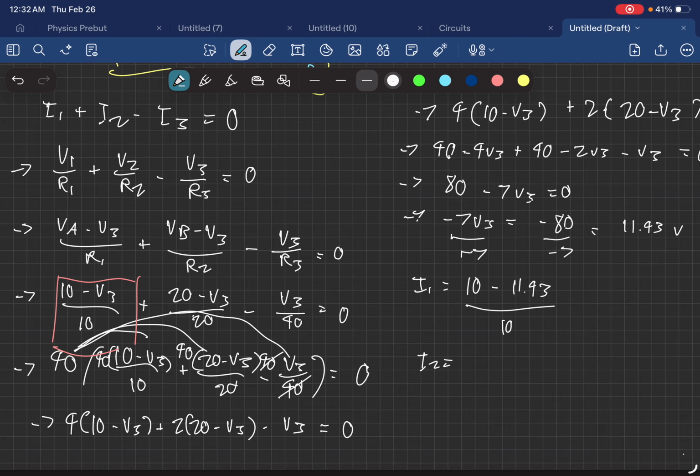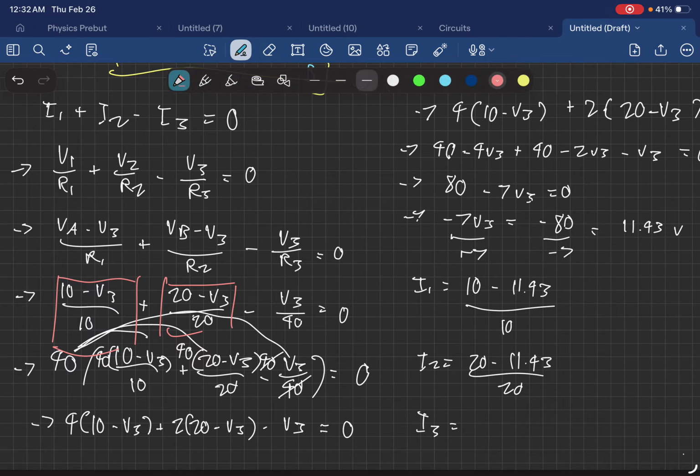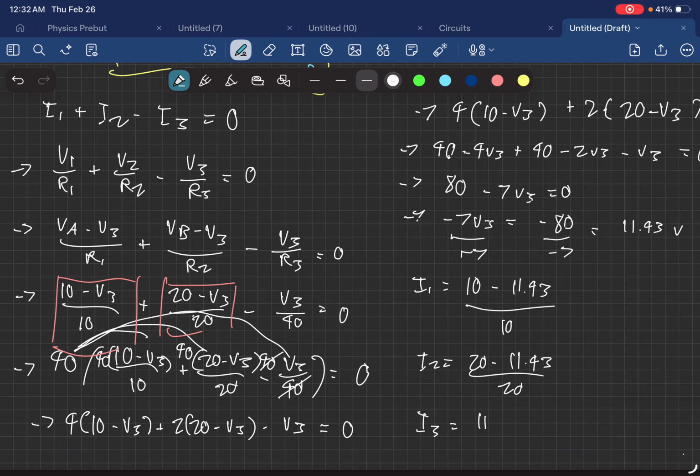Our I2 is equal to 20 minus 11.43 over 20. And our I3 is V3 over R3, I mean V3 over 40. Yeah, let's go straight. 11.43 over 40.